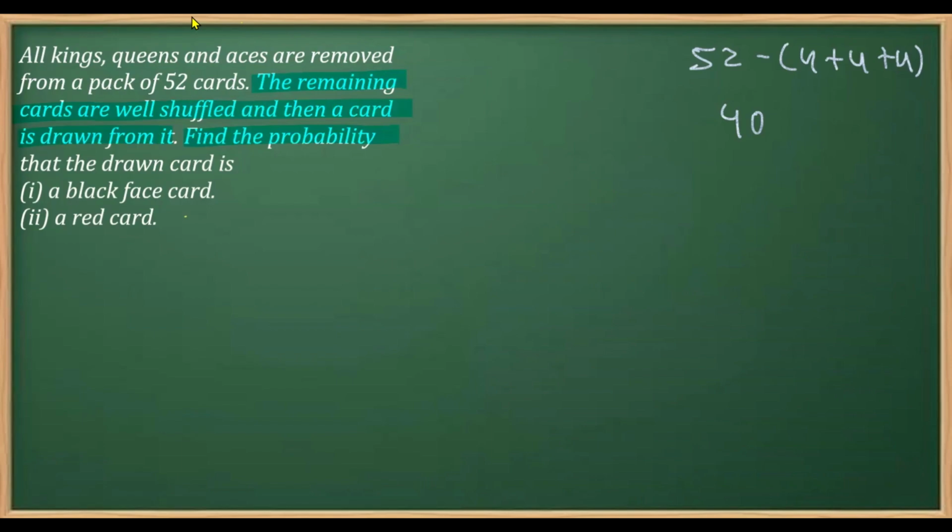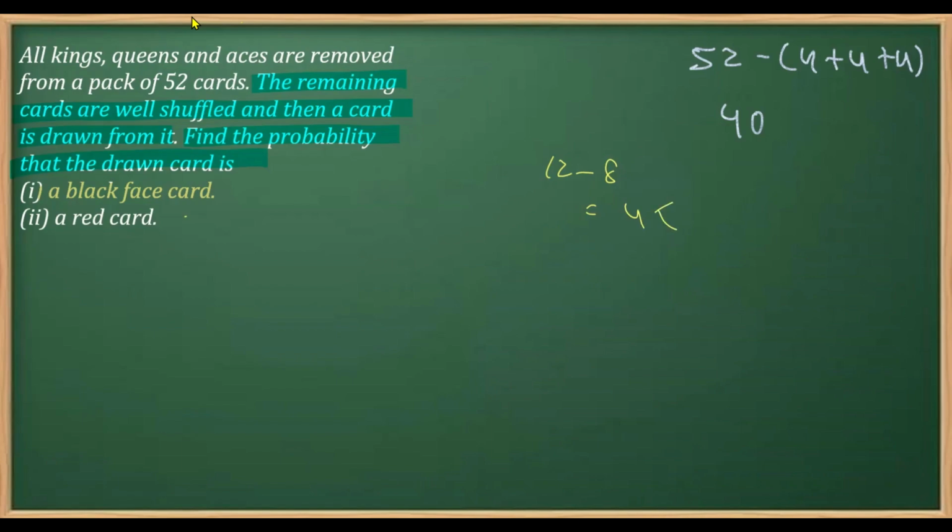We have to find the probability that the card drawn, number one, is a black face card. Let's recall again how many face cards are there. 12 face cards are there. Out of these face cards, the four kings and four queens are removed, irrespective of the color. So out of these 12, 8 of them are removed. So we are left with 4, and these are jacks. 4 jacks are there, right?